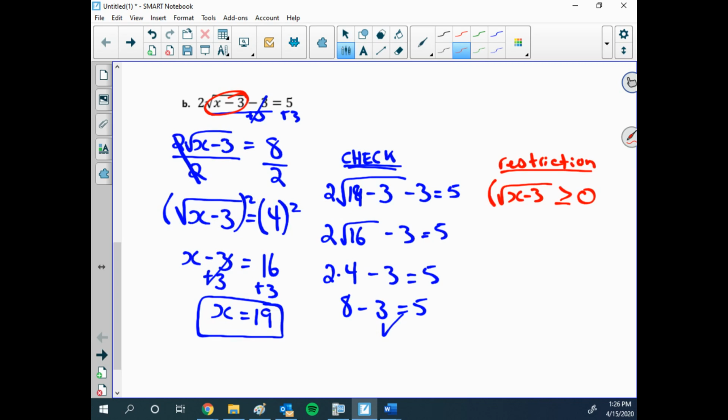I square that, which doesn't really do anything other than get rid of the square root. So I'm looking for where x minus 3 is greater than or equal to 0. So the restriction on the domain is that x would have to be greater than or equal to 3. And if I graph this function, I would see that that is true for the domain. That's my second part.